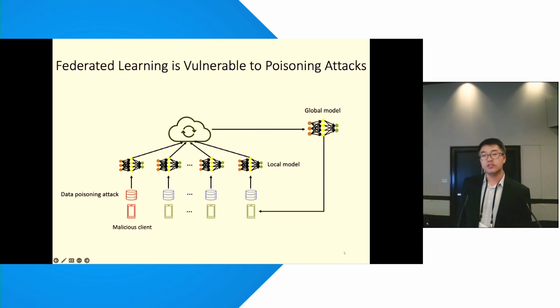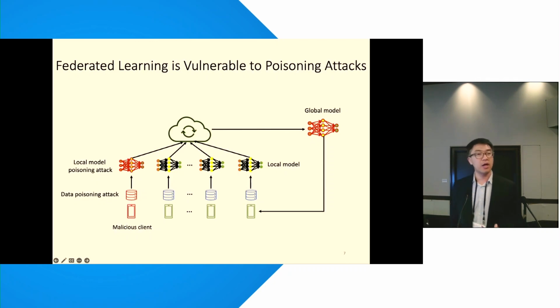These malicious clients could also directly manipulate their local models or local model updates, which are known as local model poisoning attacks. Eventually, the global model is poisoned, and the poisoned global model makes incorrect predictions as the attacker desires.